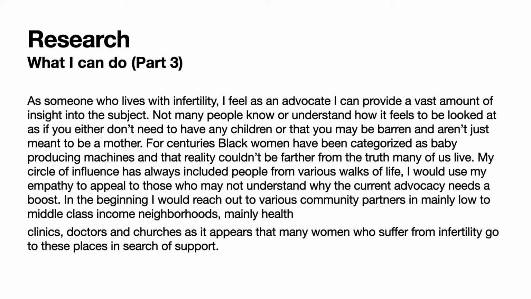Finally, in part three, she talks about what she can do. So she identifies the people who she can reach, what her sphere of influence is, and who would be the ideal people. Notice that the fact that she deals with infertility sets her up very nicely to have a sphere of influence.